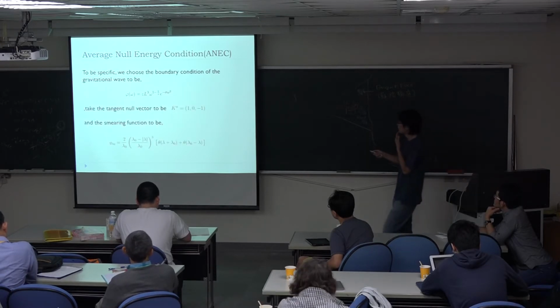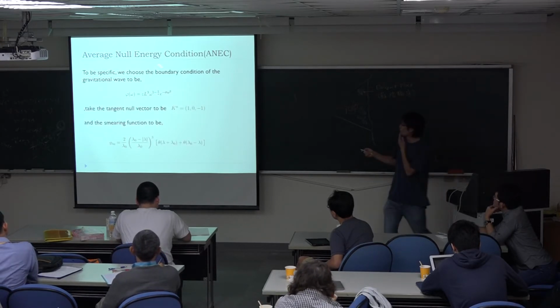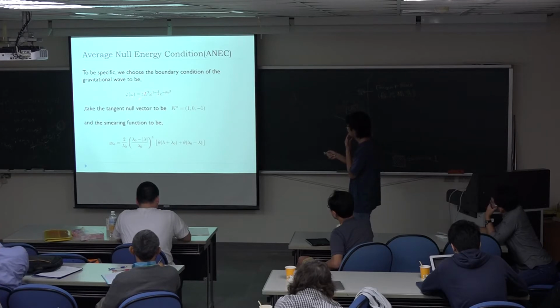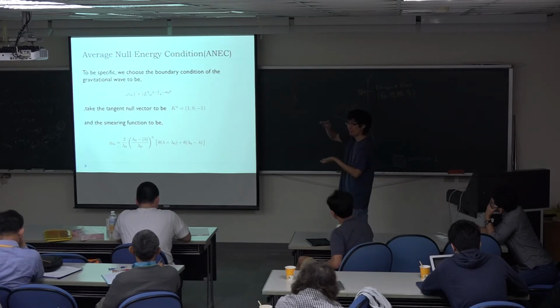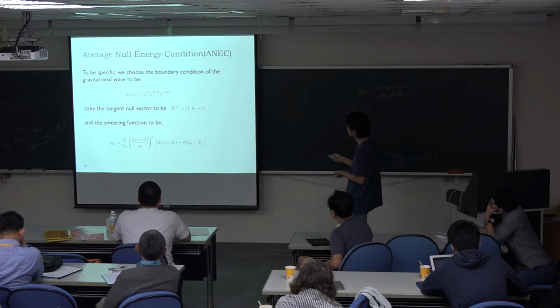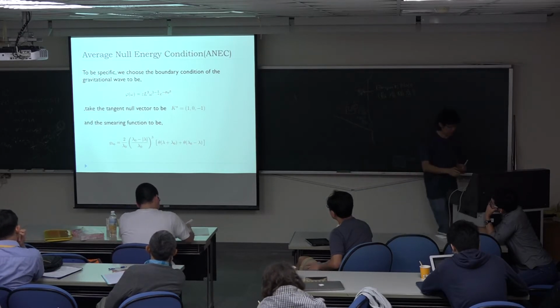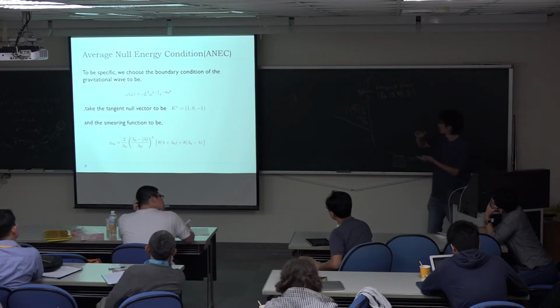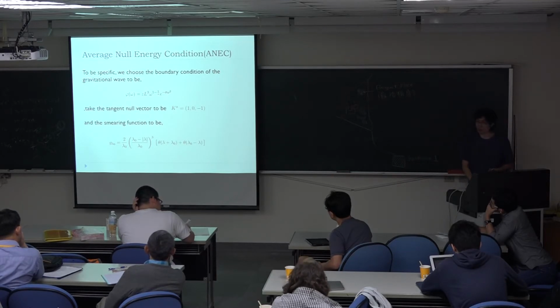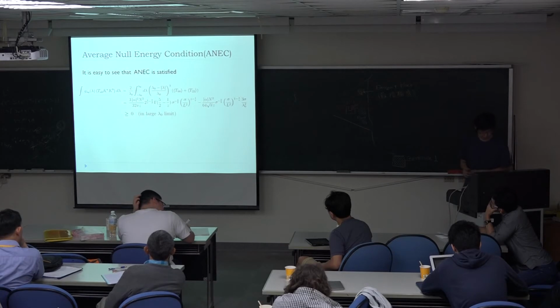I forgot to mention, there's a parameter called alpha. Alpha characterizes the strength or the magnitude of your gravitational wave. Alpha doesn't have dimension. It just characterizes how large your gravitational wave perturbation is.